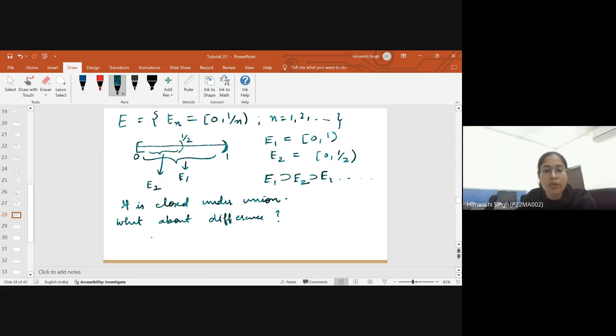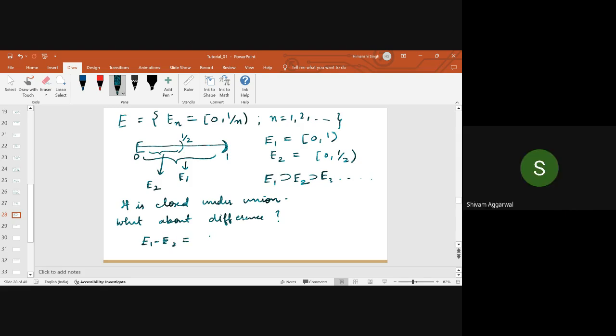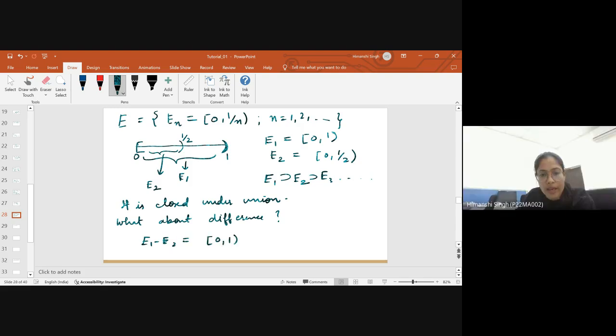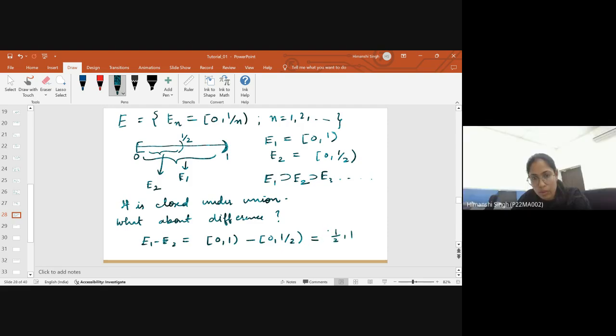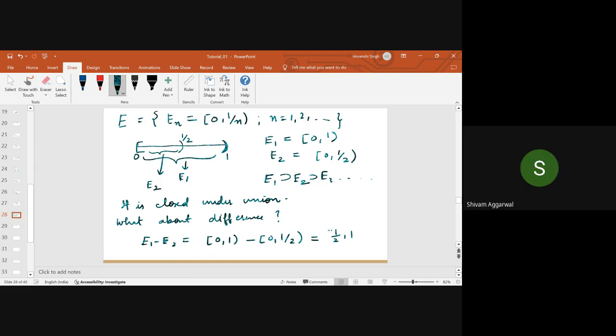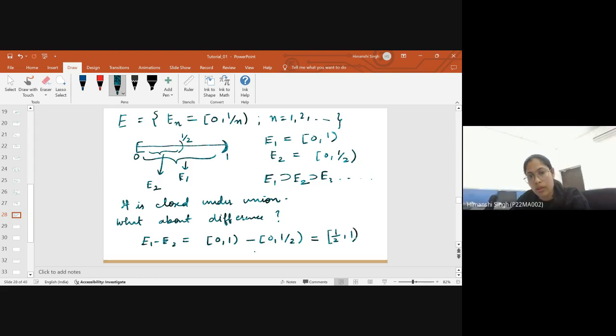So what will the difference E1 minus E2 be? E1 is 0, comma 1, and we are subtracting 0, comma 1 by 2. So the difference will be closed 1 by 2 to 1, open at 1.